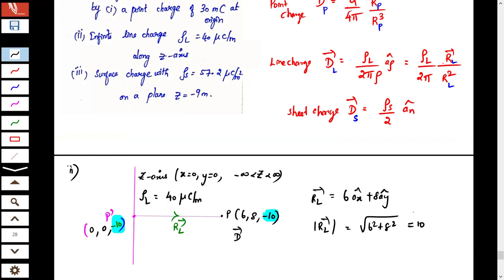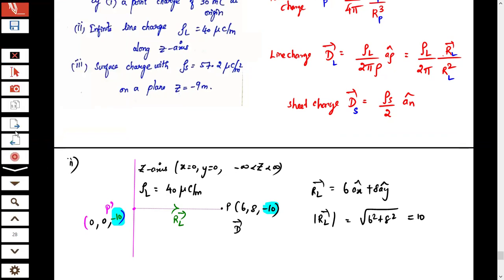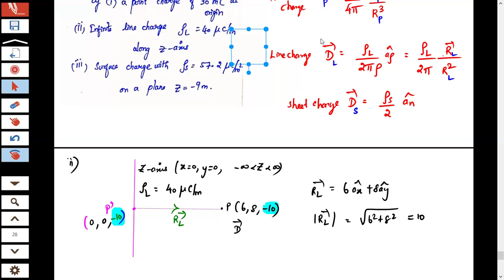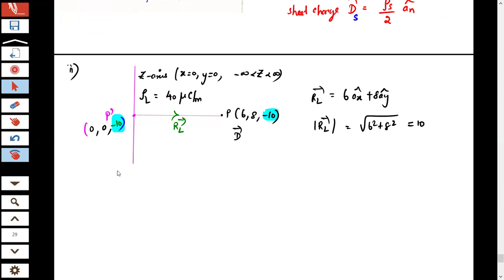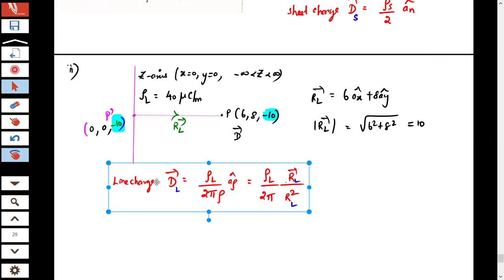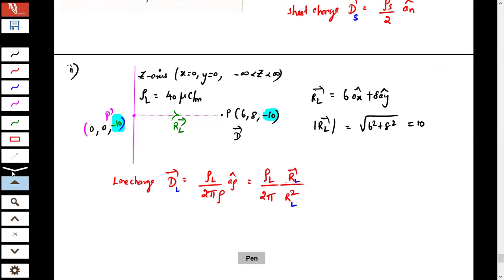Now we can substitute in the formula for line charge to get the flux density due to line charge. So we have this rho L value and RL values to be substituted.